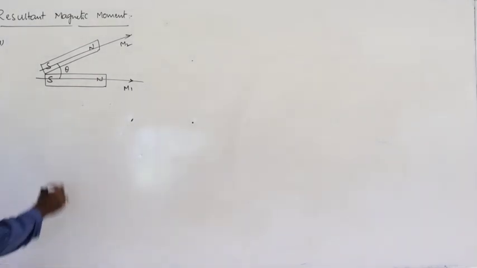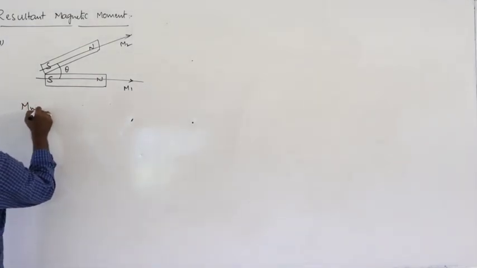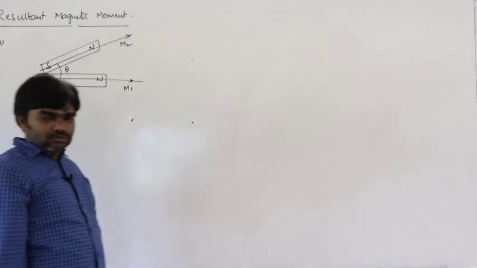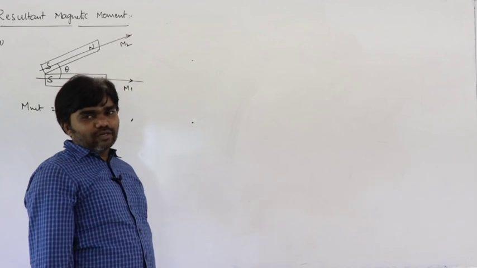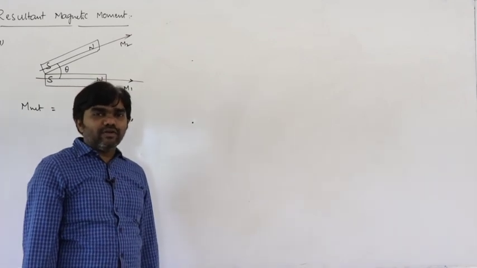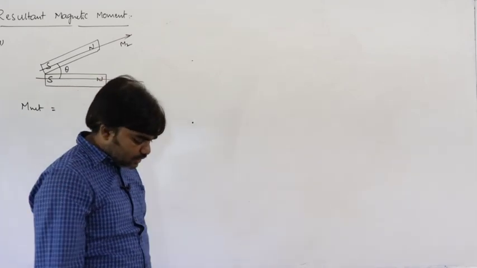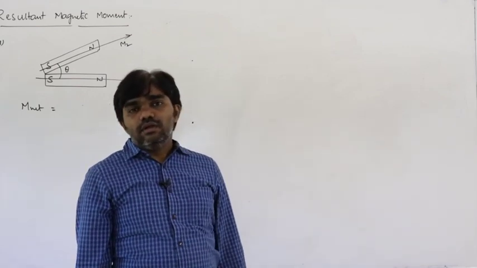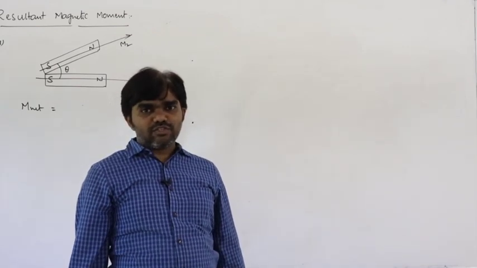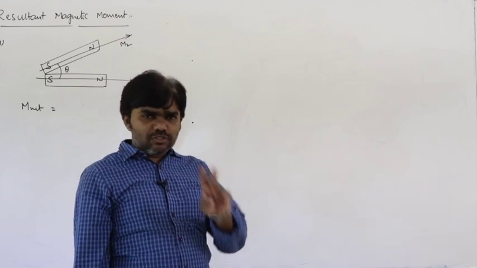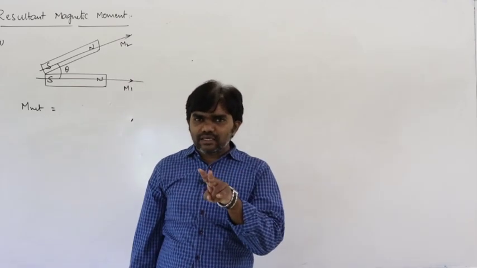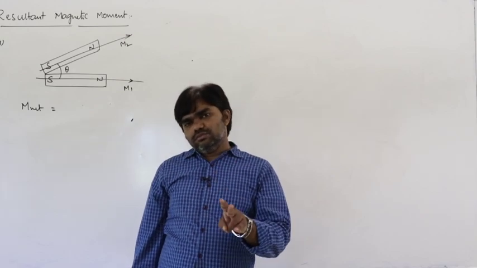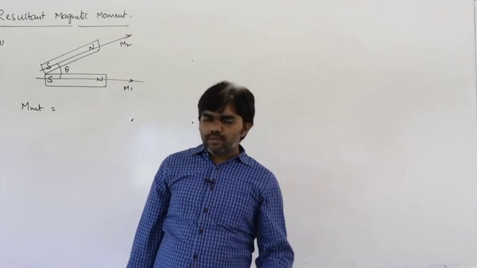So resultant magnetic moment, just according to parallelogram law vector addition. So again we enter into the vector concept. What is the parallelogram law vector addition? Square root of a square plus b square plus 2ab cos theta. That means two vectors are inclined at an angle theta, the resultant vector can be written as square root of a square plus b square plus 2ab cos theta.